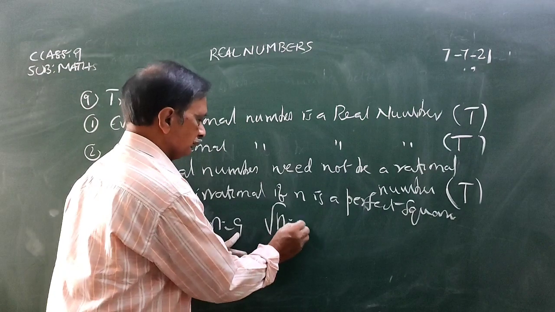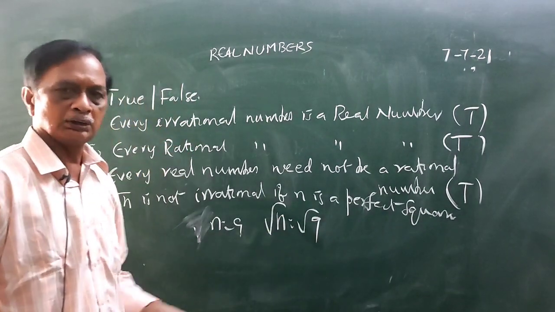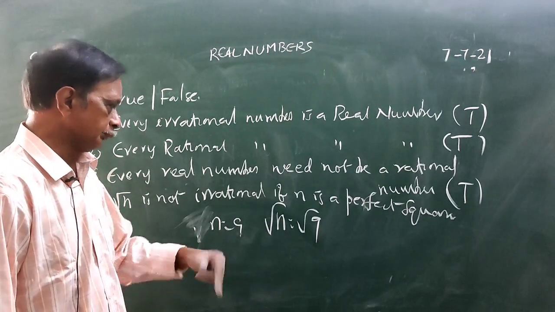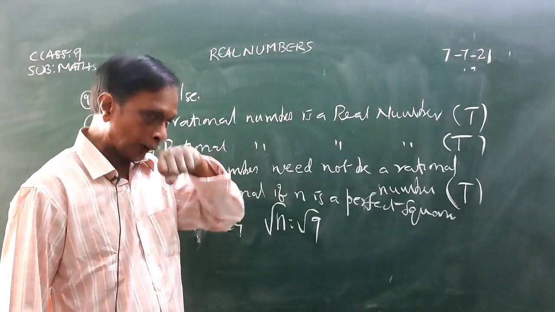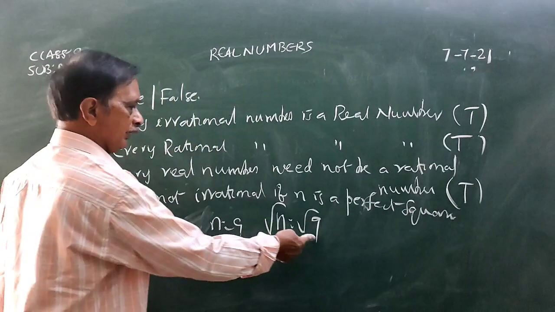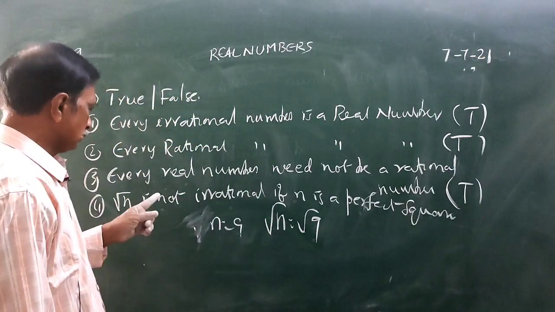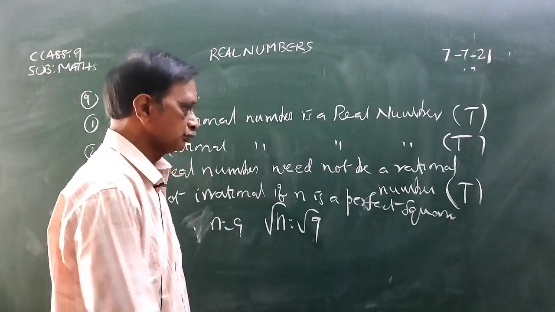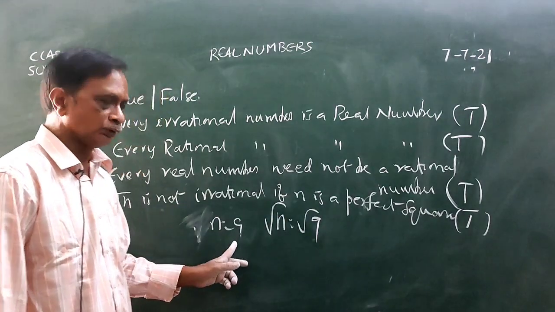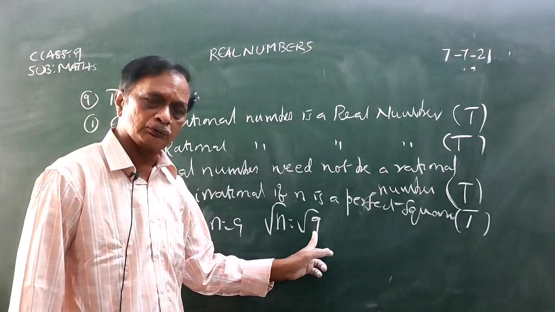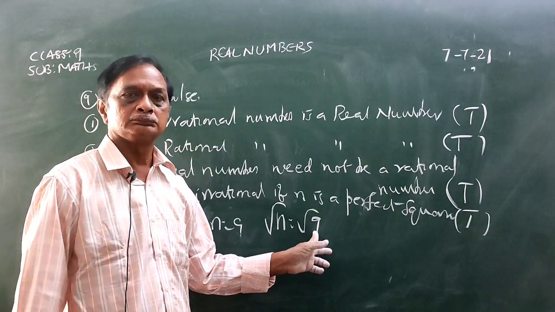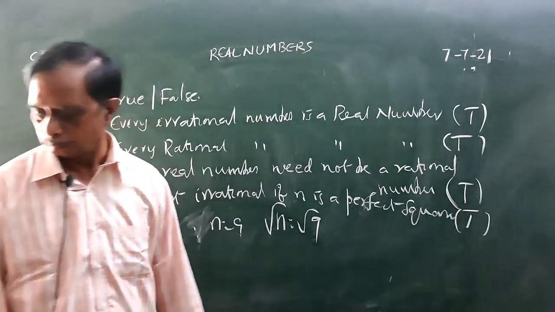Then root n, that is root 9, is what? 3. Is that 3 rational or irrational? Rational. That means it is not irrational. So if n is a perfect square, root n is not an irrational number, which is true. Rational means which is not irrational.